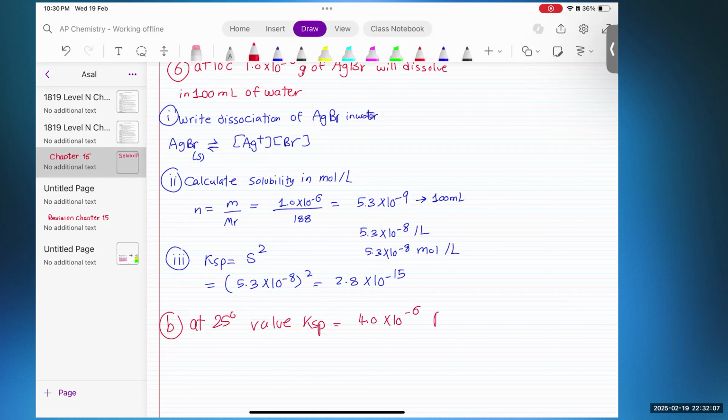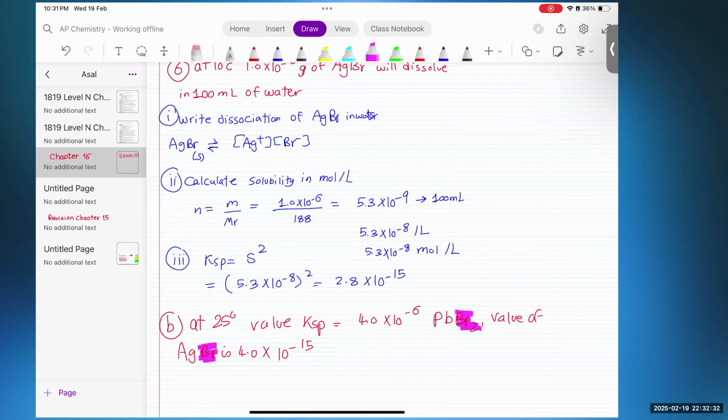This is lead bromide, something different. And the value of AgBr is 4 multiplied by 10 to the power of negative 15. So there is another substance which contains bromide. Here I had bromide, and I have a common ion effect here, with another bromide.